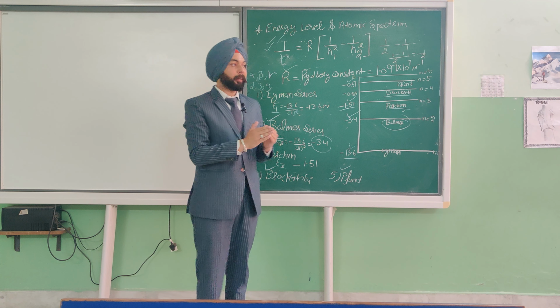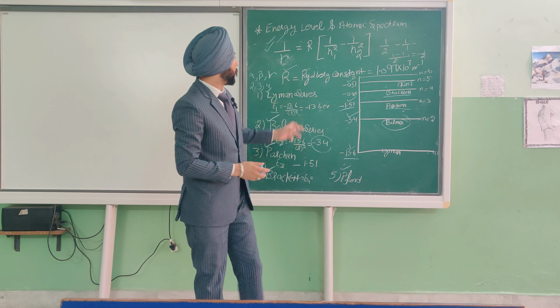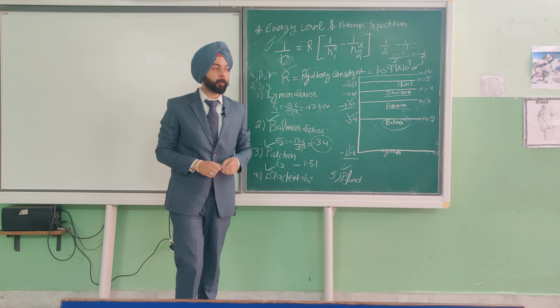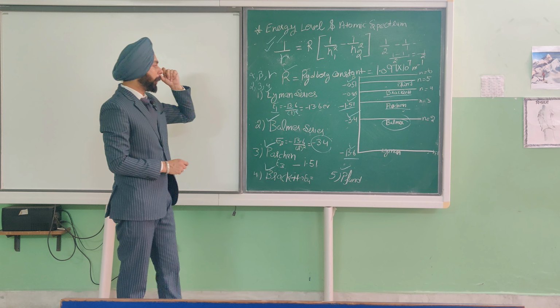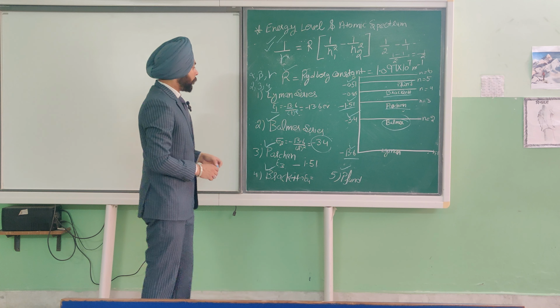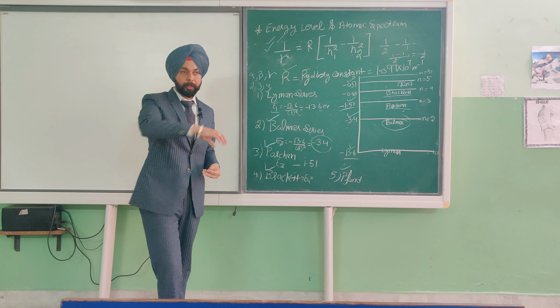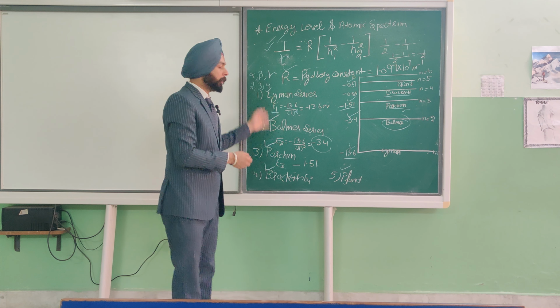But if I talk about it briefly, why do we use the atomic spectrum formula 1 upon lambda is equal to R into 1 upon n1 square minus 1 upon n2 square? Then we will talk about the mathematical side of finding these series.